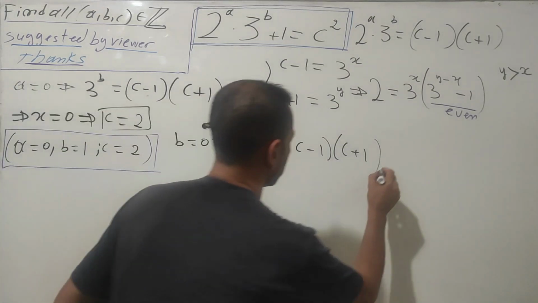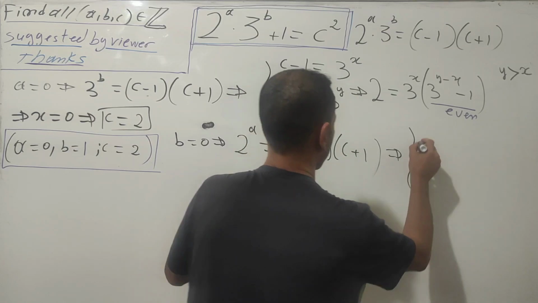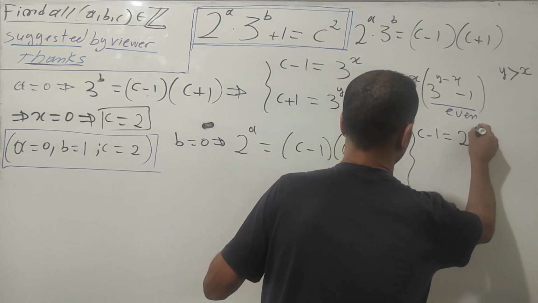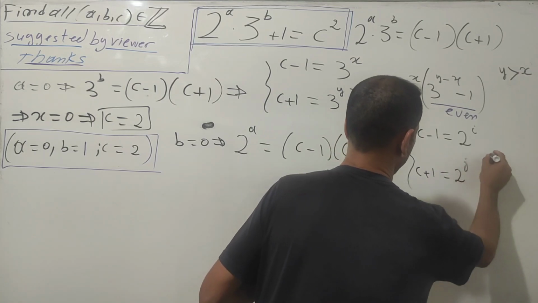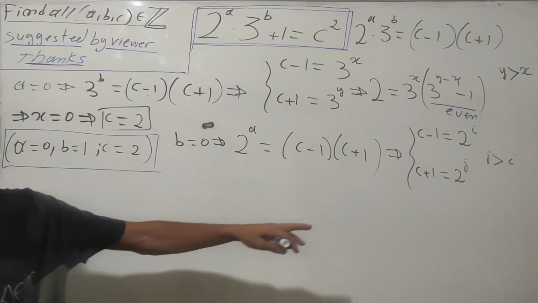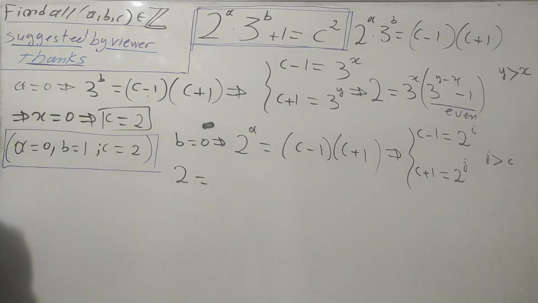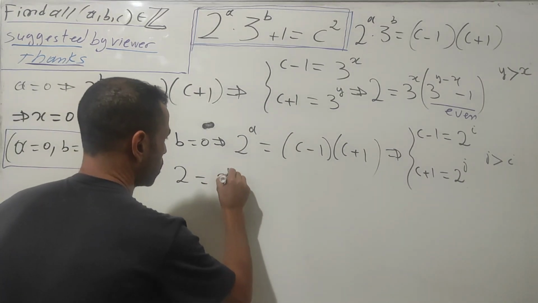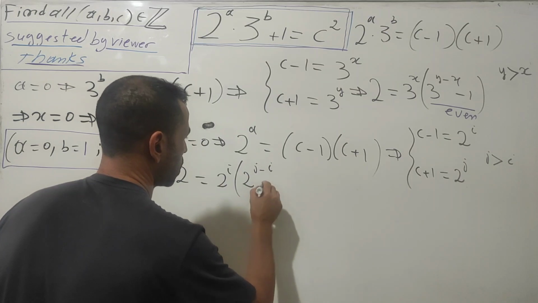So c minus 1 equals 2 to the i, and c plus 1 equals 2 to the j, where j is strictly greater than i. Doing the same thing, subtracting, c cancels out and I get 2 equals 2 to the i times (2 to the j minus i, minus 1).